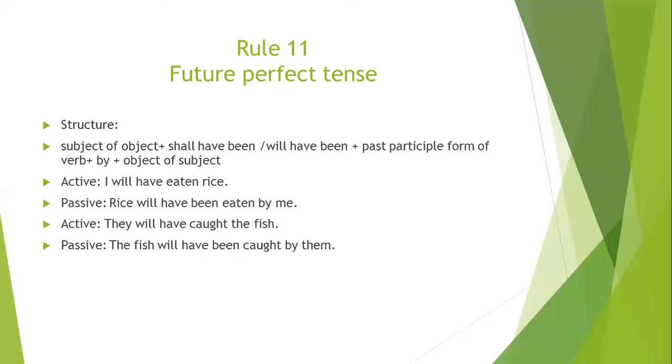That is in the passive voice, it will be subject of object plus shall have been or will have been plus past participle form of verb plus by plus object of subject. Here, if the active voice is I will have eaten rice, the passive voice will be rice will have been eaten by me. Again, if you say they will have caught the fish, the passive voice will be the fish will have been caught by them.